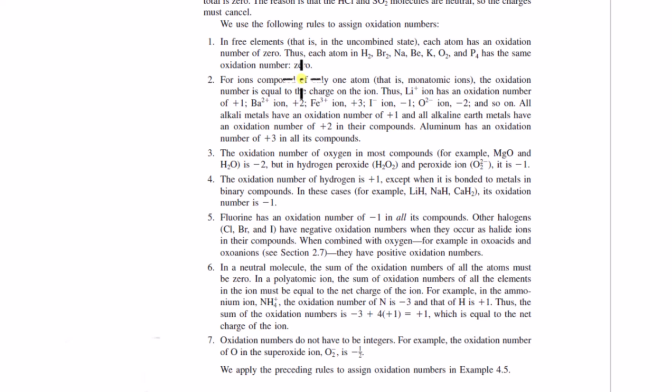This rule is talking about oxidation numbers on neutral elemental forms of substances. So the entire compound or molecule is made up of the same element, and it is also neutral. For these, the oxidation number on each atom will always be 0, and there are no exceptions here. This is a cardinal rule.